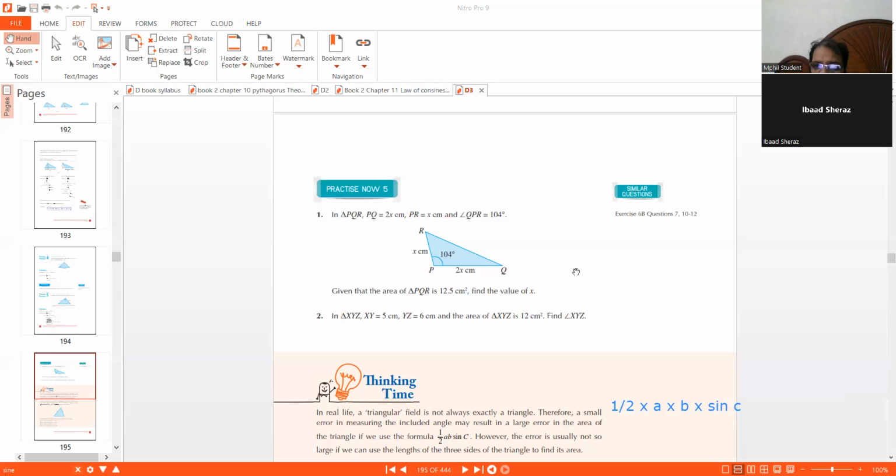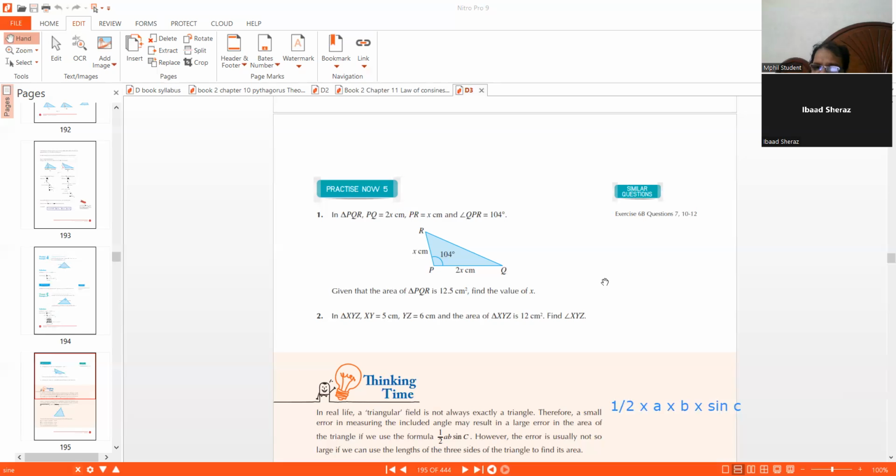Got it? I hope it's not difficult. It is kind of difficult. It's okay. Basically, if you want to find out one item out of three items, you must have the values of the rest of the two values to calculate the third value. Remember that?